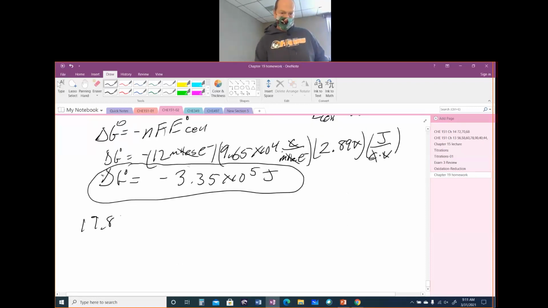19.80. Calculate the standard cell potential of the cell corresponding to the oxidation of oxalic acid by the permanganate ion.